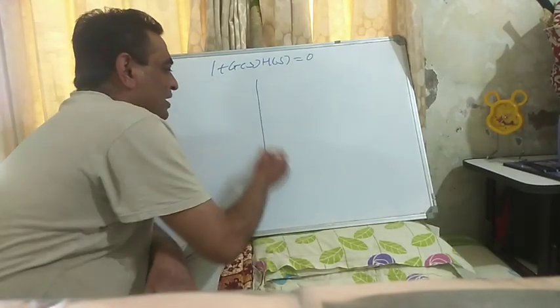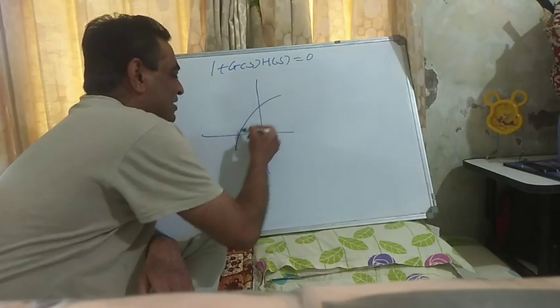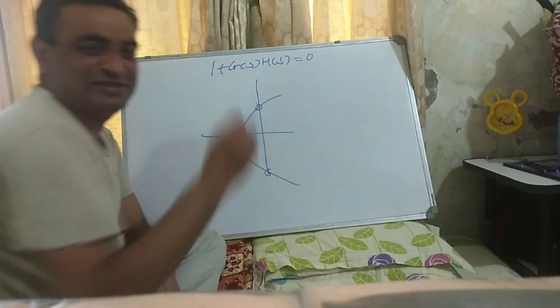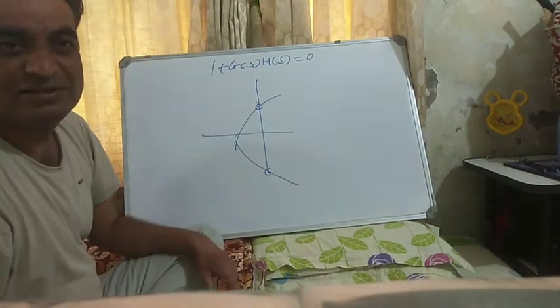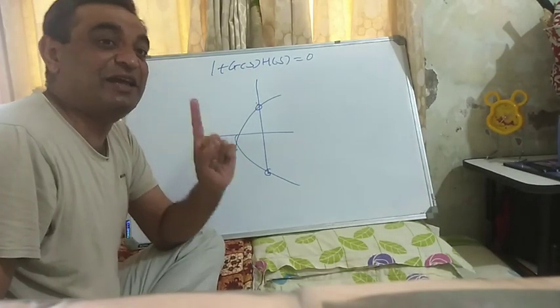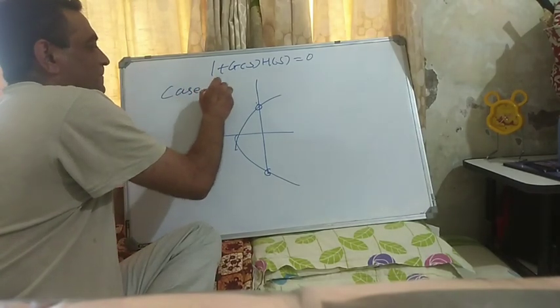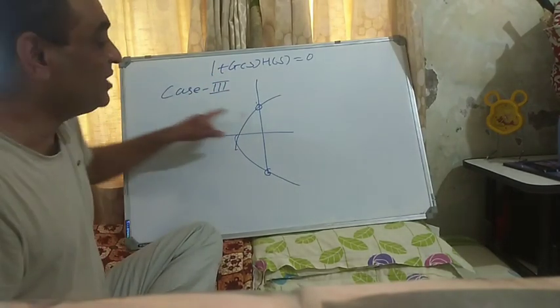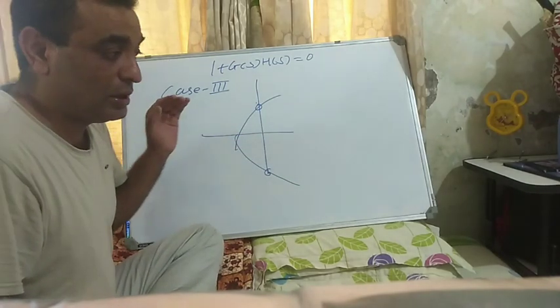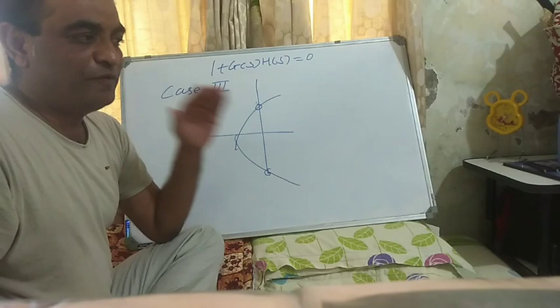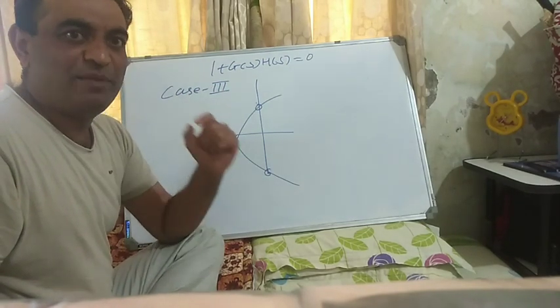Now as soon as the root locus crosses the imaginary axis, it means that there are poles on the imaginary axis. We have discussed case number 3 in the Routh table, when the entire row of the Routh table is 0.